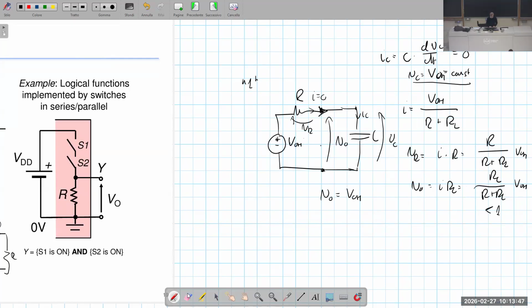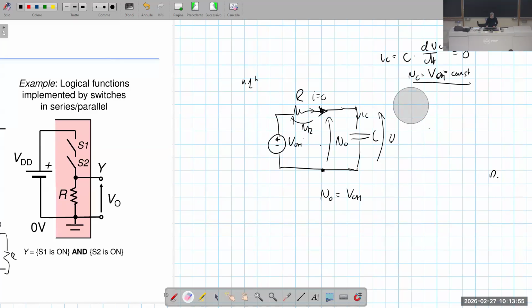So we go back to the previous case, and we can say that I is equal to 0 and VO is equal to VOH. The same is true at the low level. VO is equal to VOL. Is that clear?